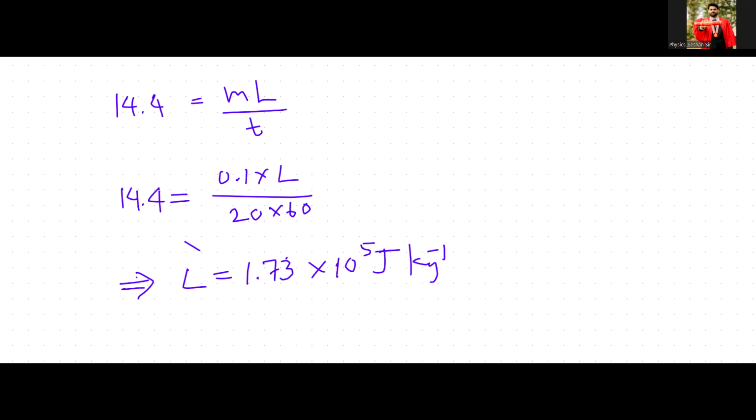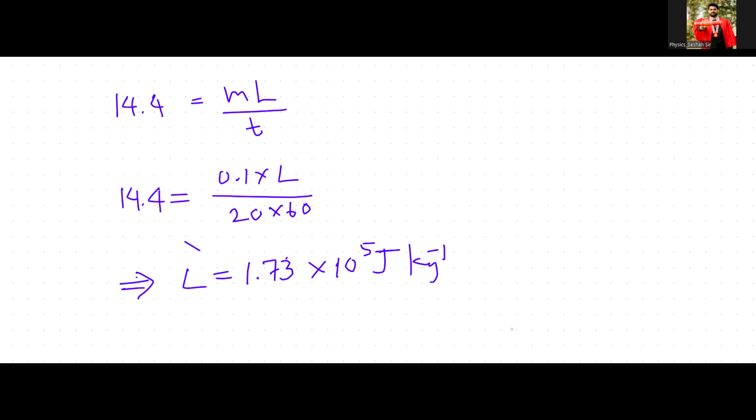If you can grab that point, then you should understand that it does not reach its boiling point.